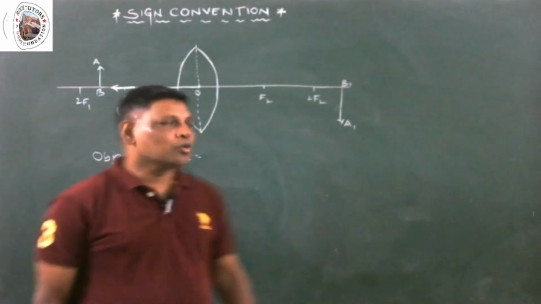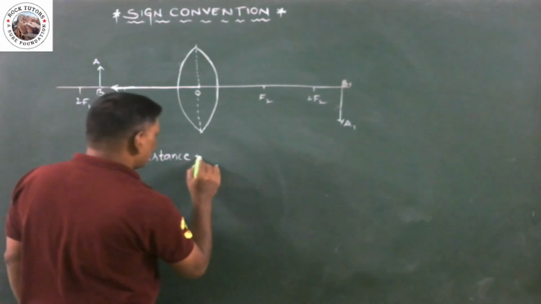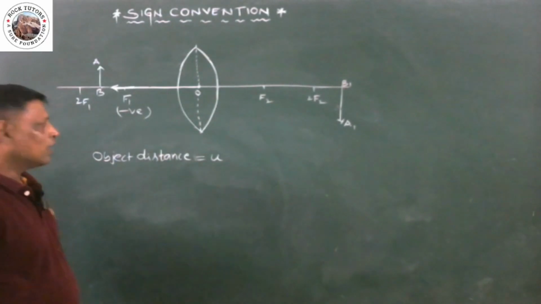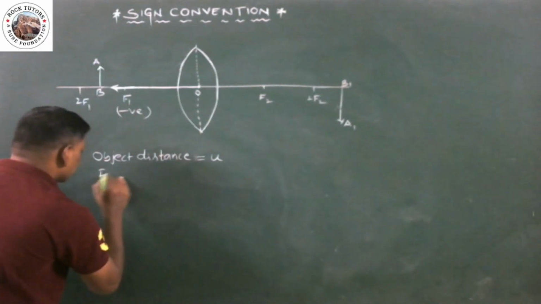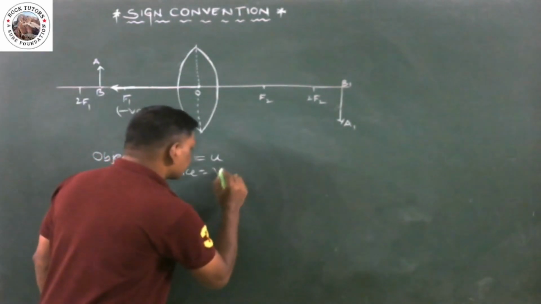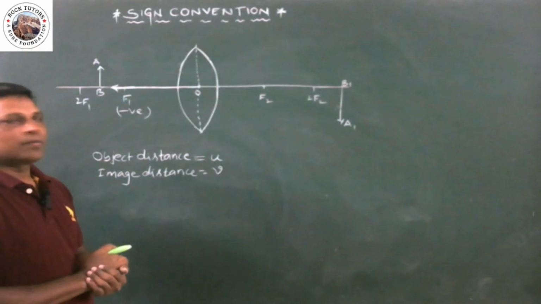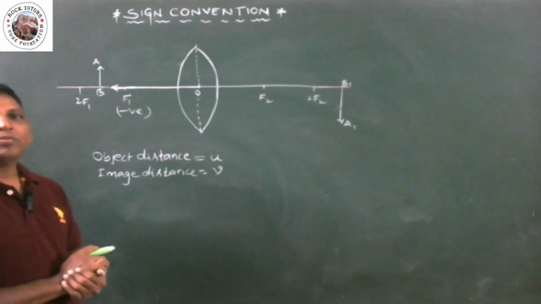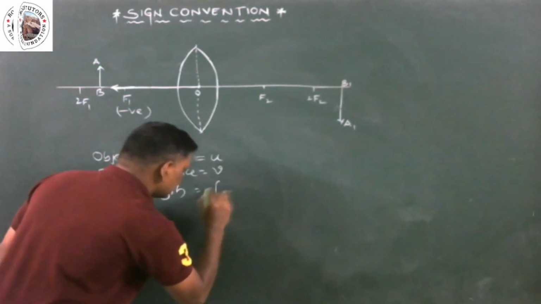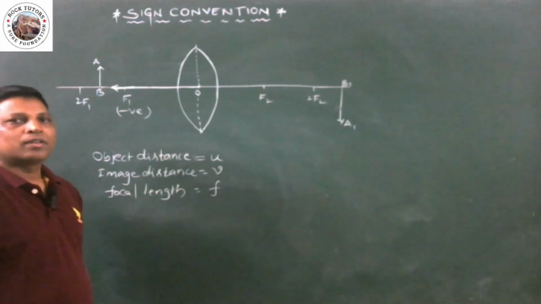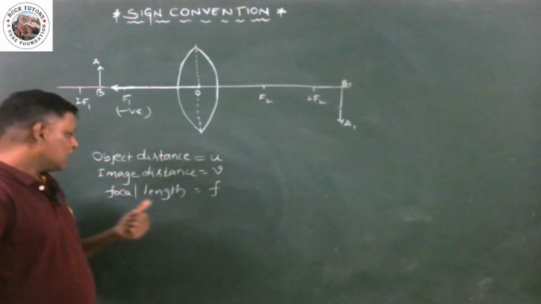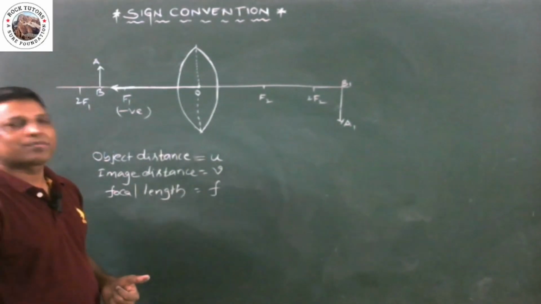We take u as the object distance, image distance we will take as v, and focal length we will take as a small f. Object distance u, image distance v, focal length f.